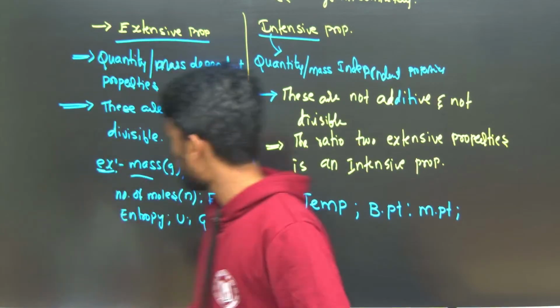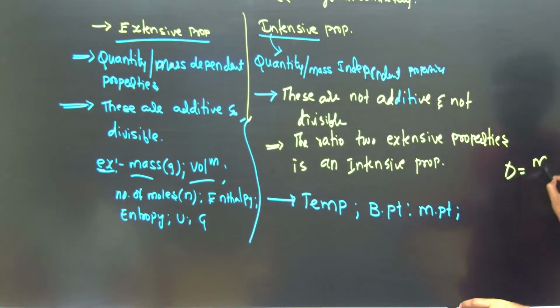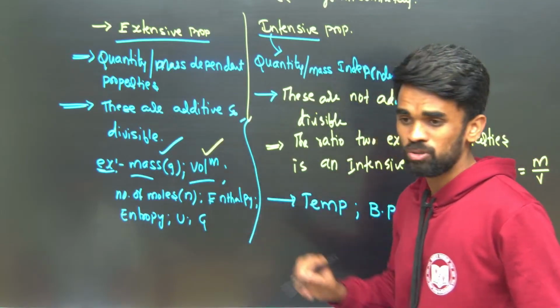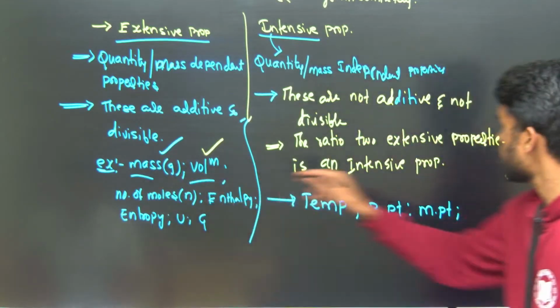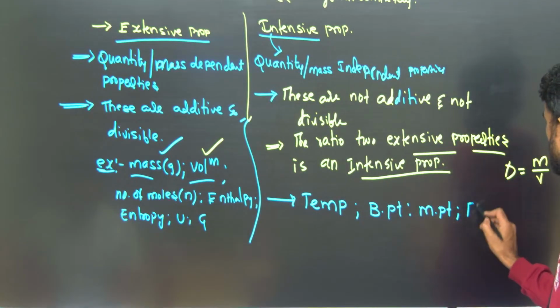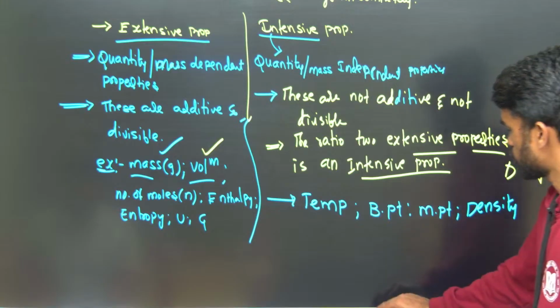Density means mass by volume. Mass is an extensive property, volume is also an extensive property. The ratio of two extensive properties is intensive. So density is an intensive property.